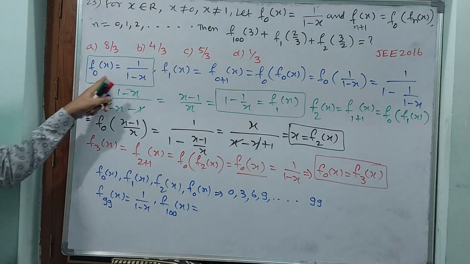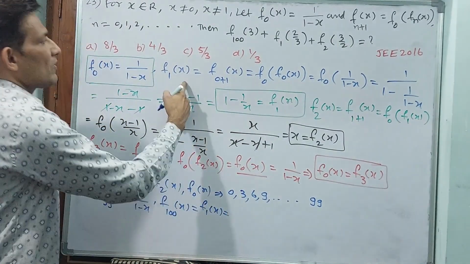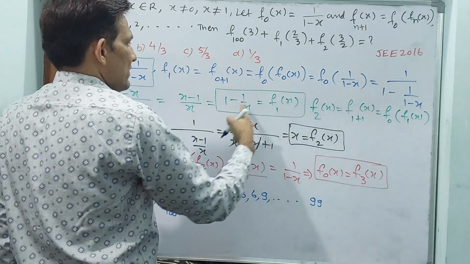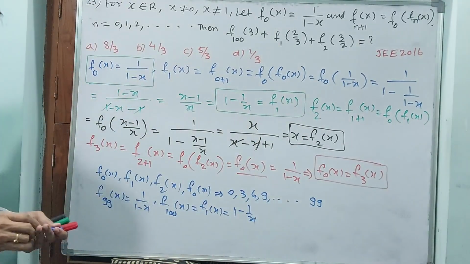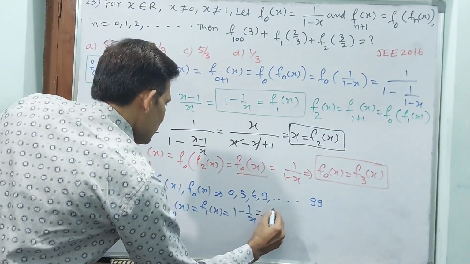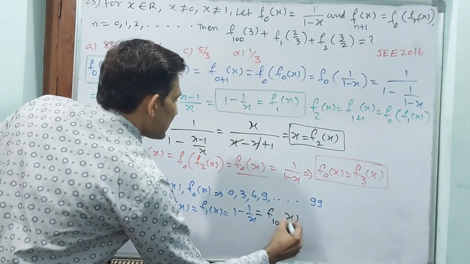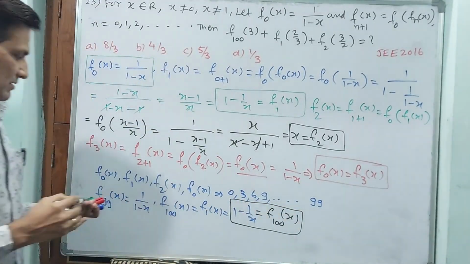The second one, f1 of x. f1 of x is how much? 1 minus 1 by x. Understand now? Now this is equal to f100 of x. Okay?